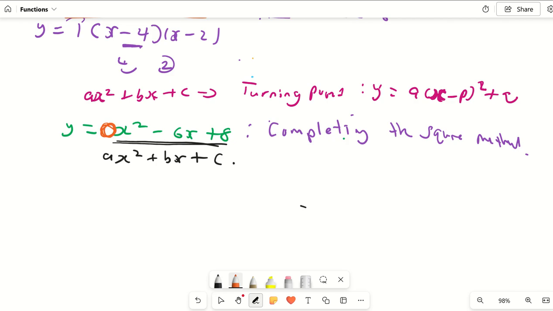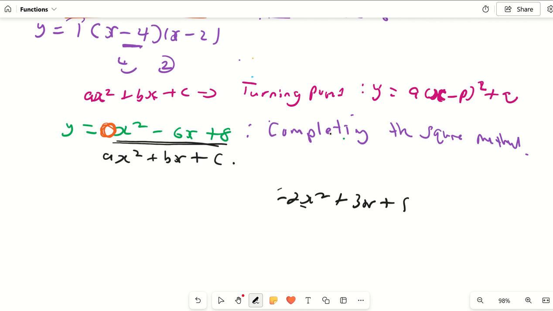So the number in front of x squared must always be positive 1. Always make sure that it's positive 1. If it's not, for example if you have something like 2x squared plus 3x plus 5, you have to divide, or rather you could factorize.